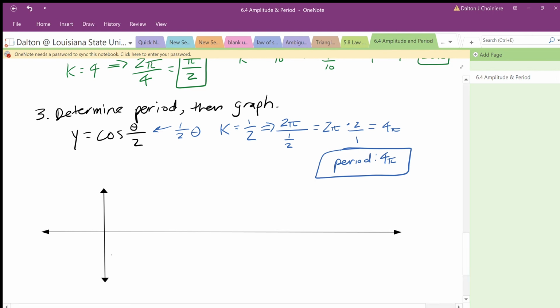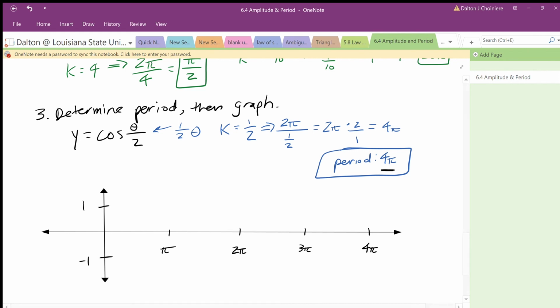So on my y-axis, my min is going to be -1 and my max will be +1. It's going to take me 2 usual cycles to get through that period. So let's say that this here is 2 pi, and that the full length is 4 pi. So half of that's going to be pi, half of this is going to be 3 pi.